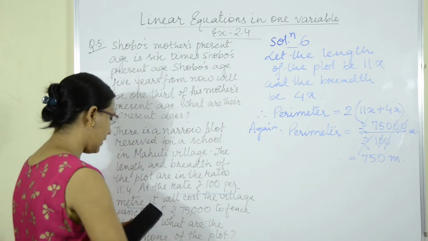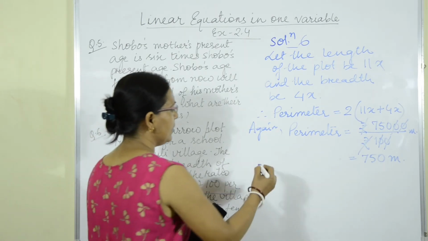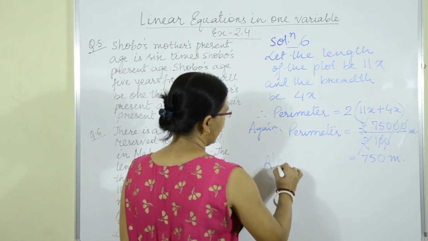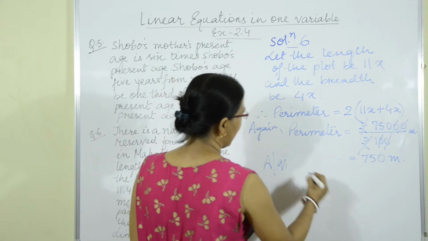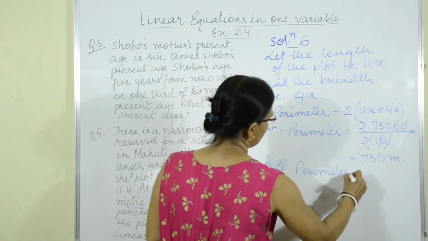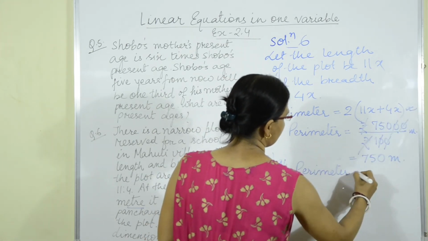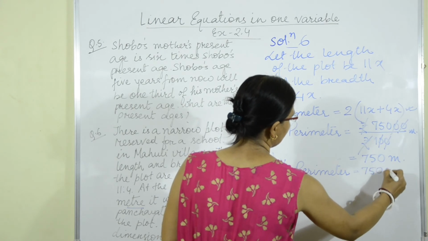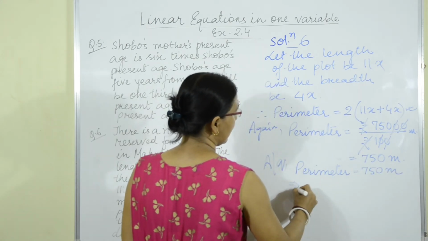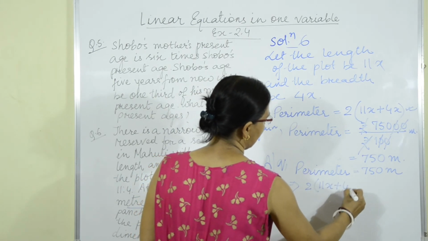Now, what are the dimensions of the plot? Dimensions means the length and the breadth. So, according to the question, we know that perimeter here is 750 meter and here we are getting the perimeter as 2 into 11x plus 4x.